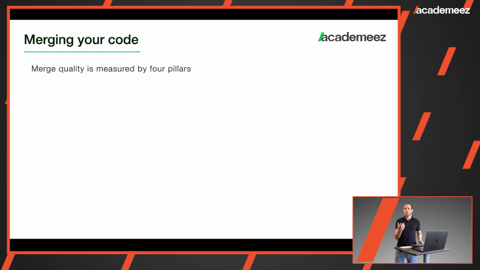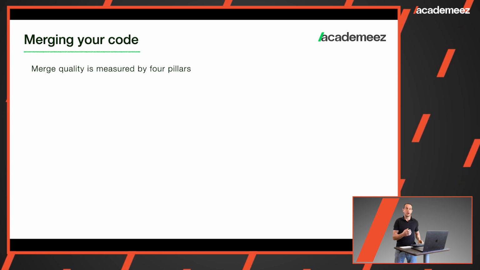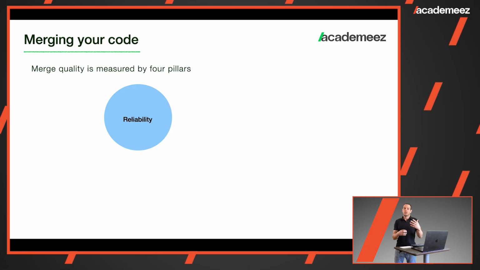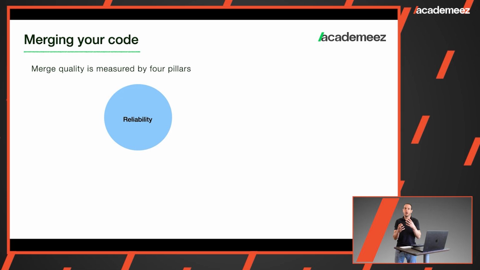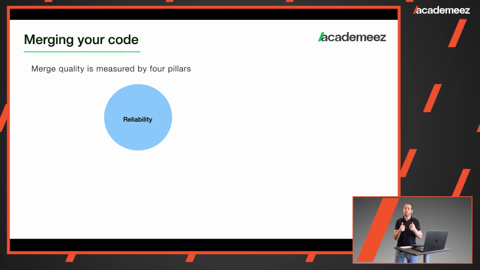When you merge your code to the main branch, we like to measure the quality of your automation process, the process that checks your PR, your code. We like to measure it by 4 pillars. One of them is reliability. I'm running checks on a PR, and I want to make sure that the code I'm going to approve to merge to main passes all the checks.